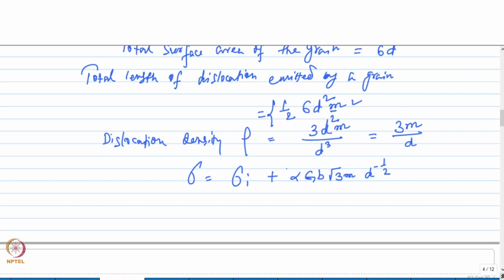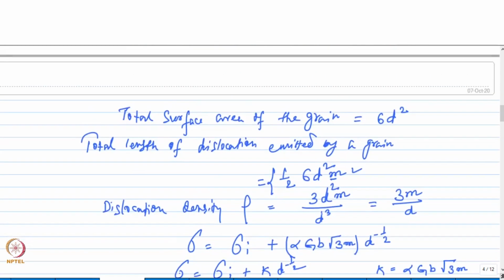Right, so if we consider this term as a constant k, then this will come down to the Hall-Petch relationship, right?